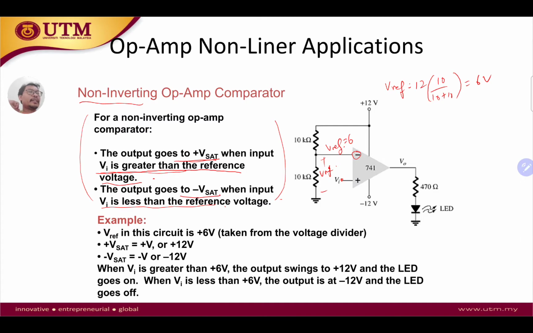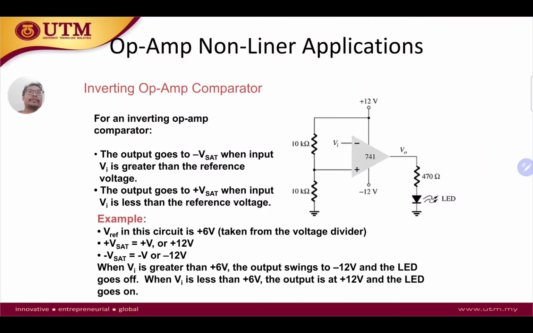Then V out is going to be a constant 12 volts if V in is greater than 6 volts, and V out is equal to negative 12 if V in is less than 6 volts, based on the calculation. Here are the characteristics: Vi greater than 6 gives an output of 12 volts, and if Vi is less than 6, the output is constant at negative 12.